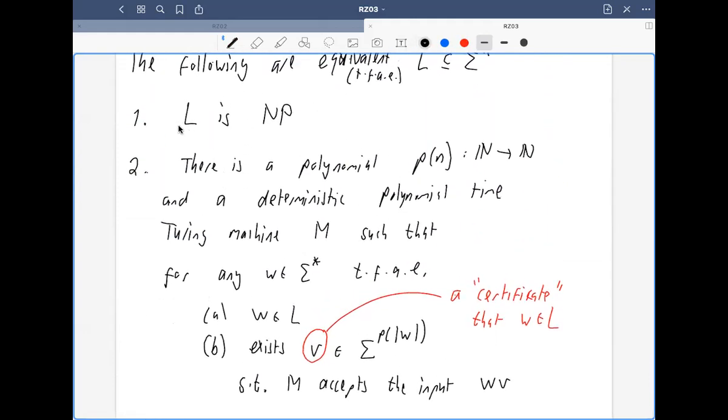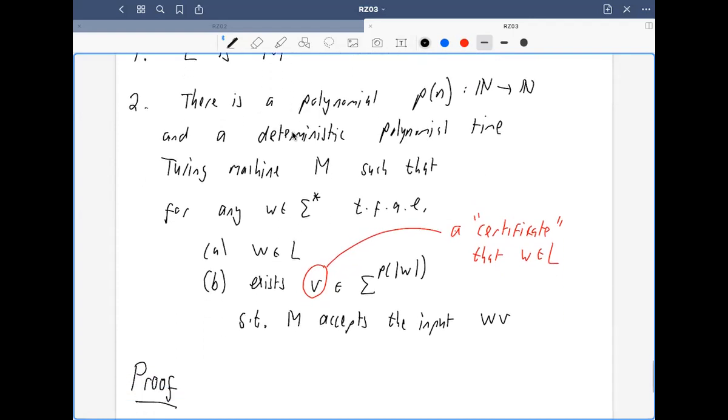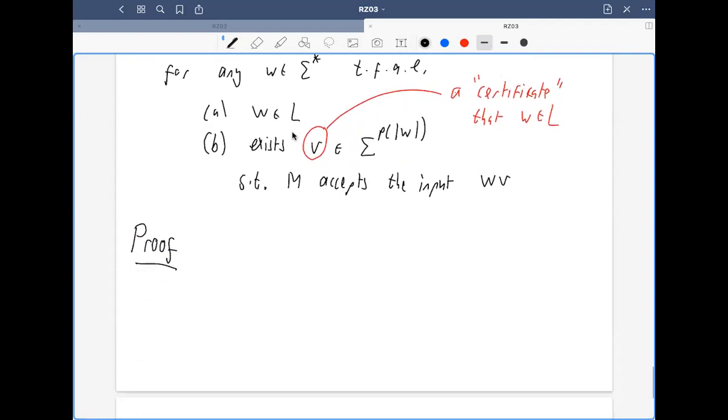So we want to show that if a problem is in NP, then there's such a polynomial verification procedure. And if a problem has such a polynomial verification procedure, then it's in NP. So let's do 2 implies 1. If we have the verification procedure, then the problem is in NP.